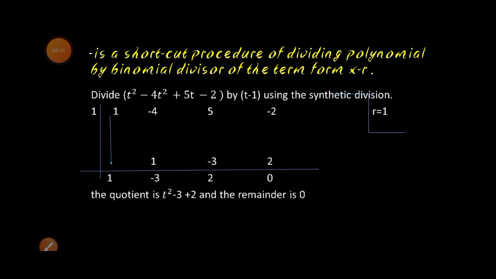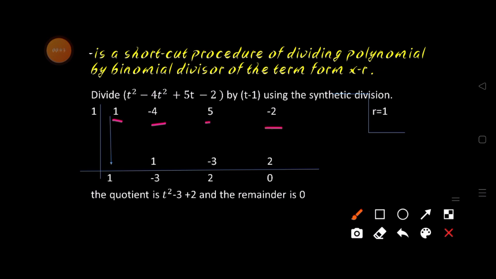Divide the quantity t cubed minus 4t squared plus 5t minus 2 by the quantity t minus 1 using synthetic division. First step, we put the numbers here: positive 1, negative 4, positive 5, negative 2, and the 1 on the outside, which is the value of r.